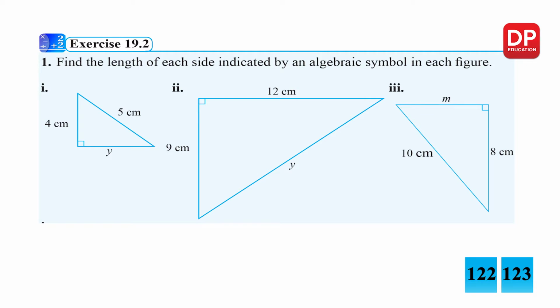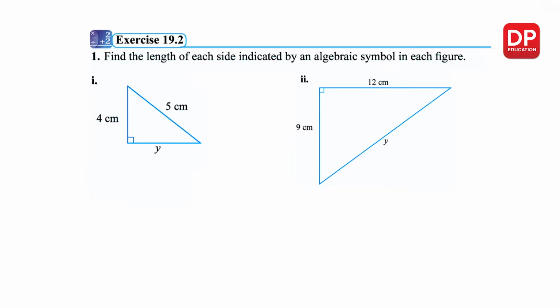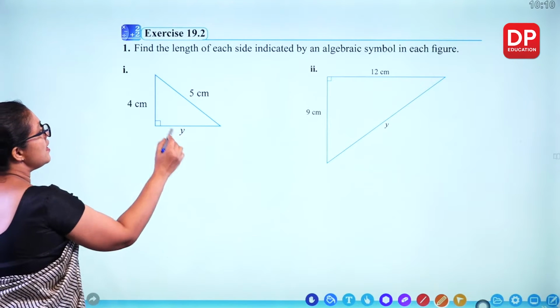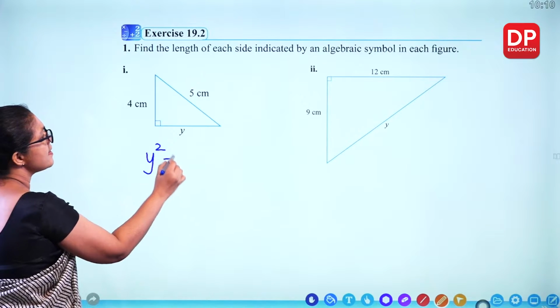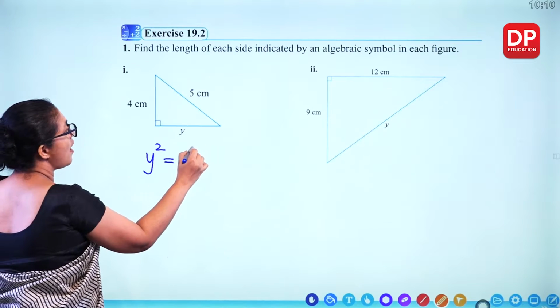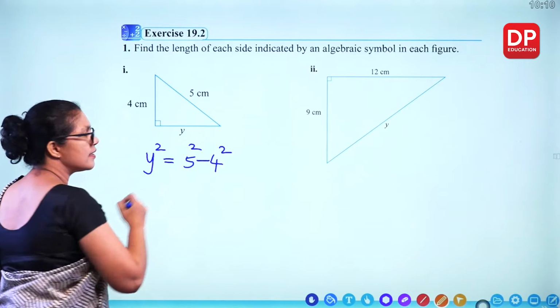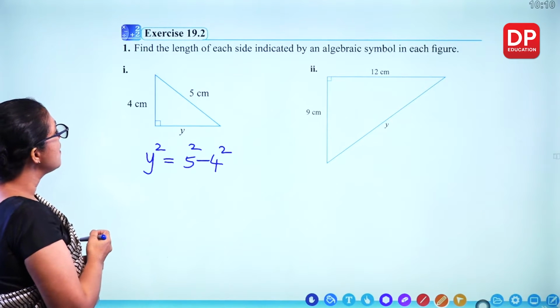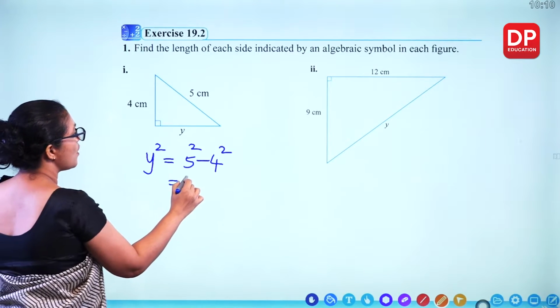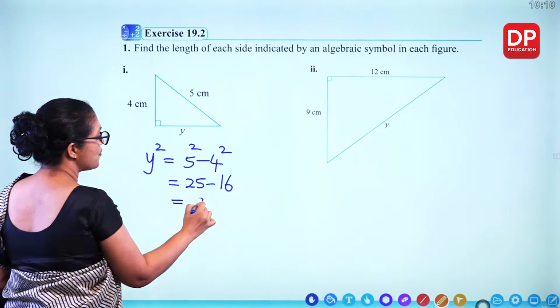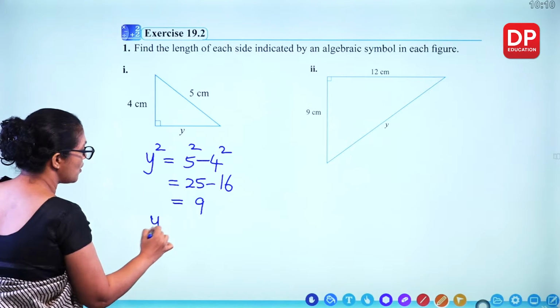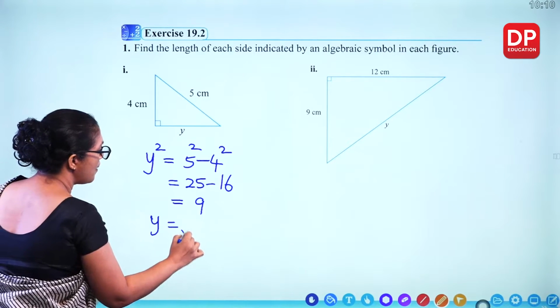Exercise 19.2. Find the length of each side indicated by an algebraic symbol in each figure. We need to find y. So we'll make y as the subject. Y squared is equal to 5 squared minus 4 squared, because we know hypotenuse is 5. 5 squared is 25. 4 squared 16. When you subtract, you get 9. So what's y?